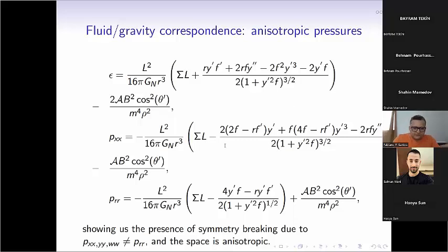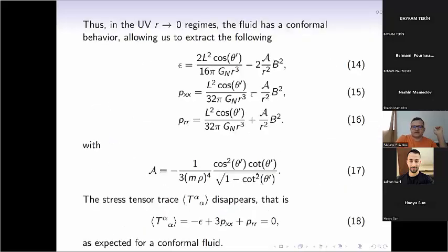Of course, we have a breaking of the conformal symmetry, right, with the Horndeski couplings and with the boundary term, of course. But when we go to the ultraviolet regime, we recover conformal behavior, and this result is expected by the usual gravity theories, right? Which means that the energy momentum tensor is zero.